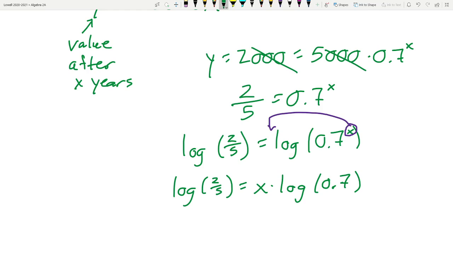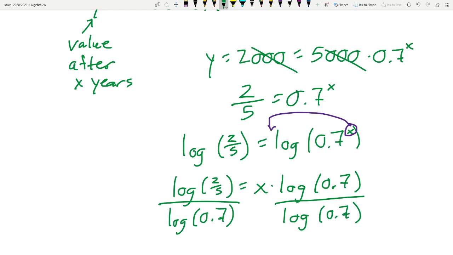So I have x times some number, and to isolate x, I just need to divide both sides by log of 0.7. That is our final answer.